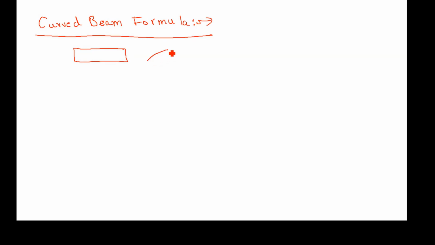But when a member is constructed in such a way that its curvature is visible to the eye, being constructed in this curved shape, you are going to apply this curved beam formula.